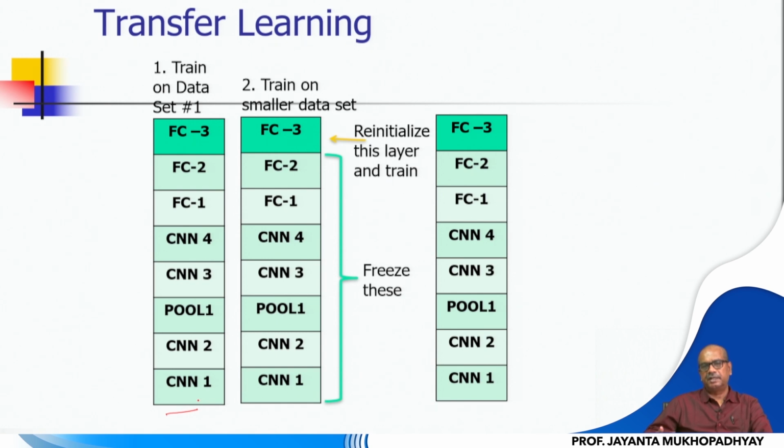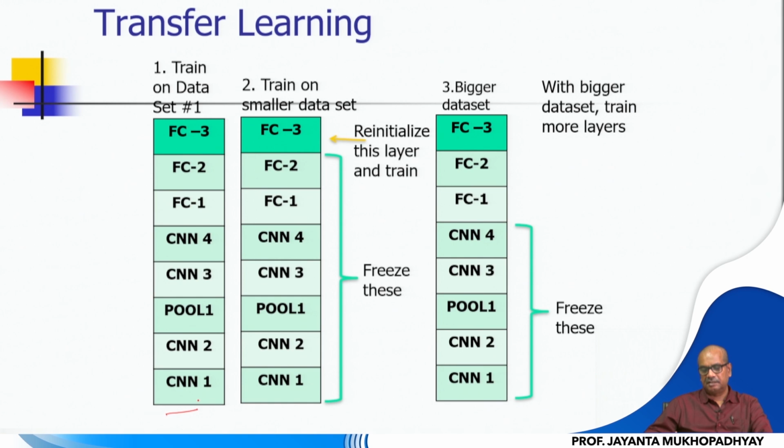So you see that your training becomes faster and also it converges. Because we have a smaller data set, we are not tuning every parameter there. But if you have a bigger data set, you can take a few more layers. You can freeze only up to these layers, and all other layers, like all other fully connected layers, you can train.